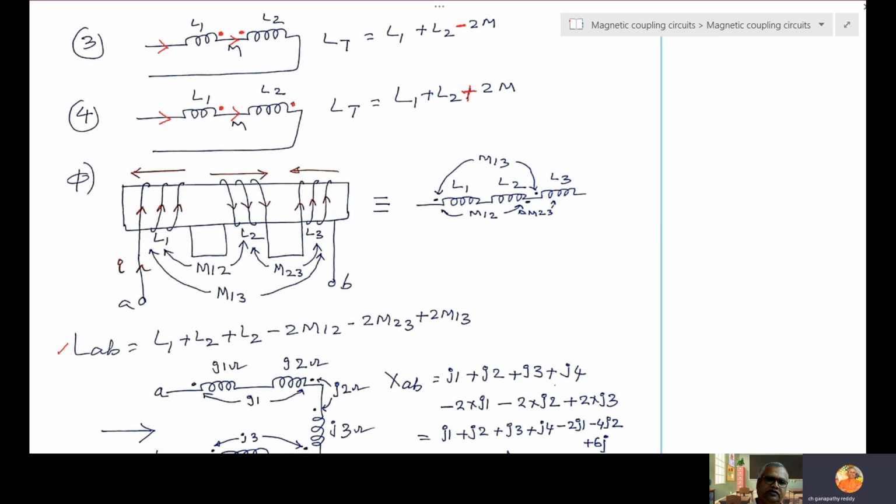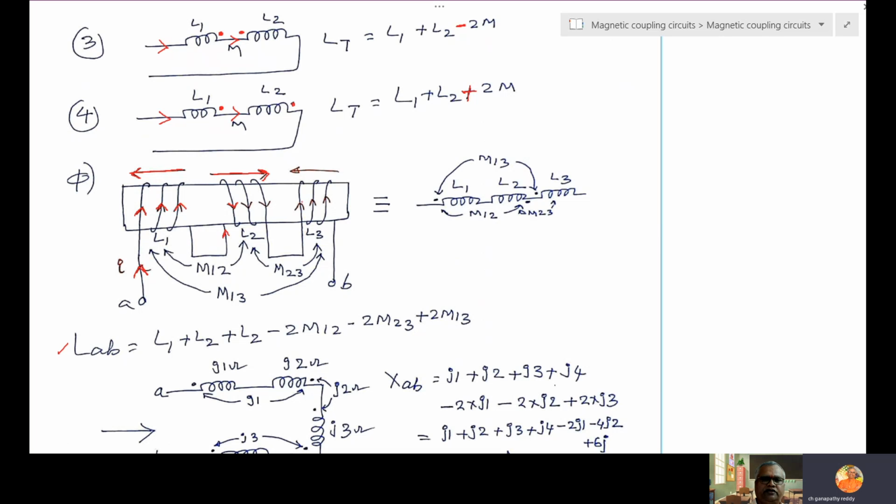Start sending current I. So how is this current flowing? Like this. So this is the current direction. If this is the current direction, then using the right hand thumb rule, the flux direction is this. The same current going here, like this, the flux direction will be reverse.